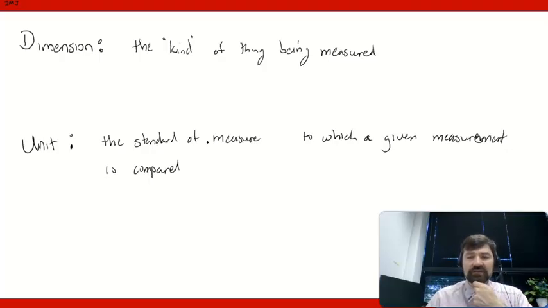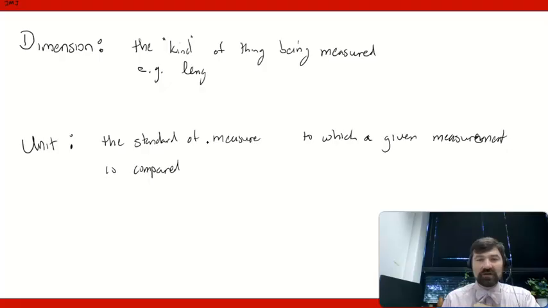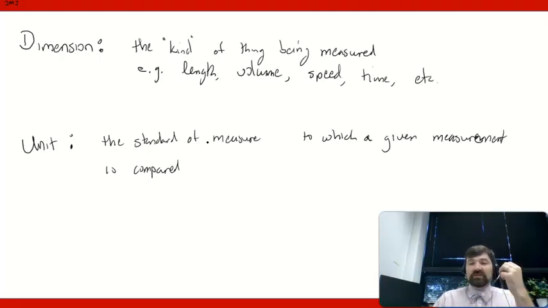That said, we also have units to go with each of those. And the units are basically the standard which you're using to measure something. So for dimension, we might be measuring a length or a volume, which consists of essentially three lengths in some sense, a speed, a time, a frequency, etc. The units are the standard of measurement that we compare these to.